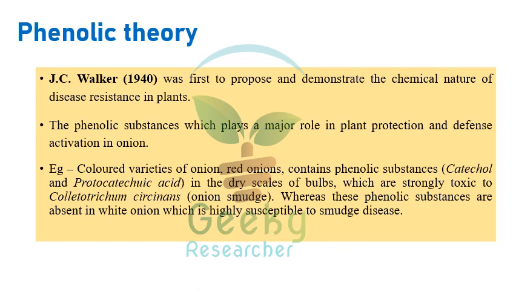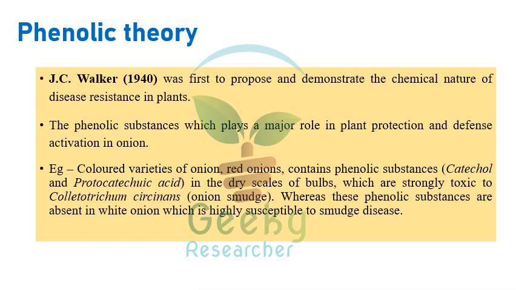With red onions and white onions, there is a disease called onion smudge. White onions are highly susceptible to onion smudge when compared to red onions. Red onions are highly resistant because they contain two phenolic compounds called catechol and protocatechuic acid.